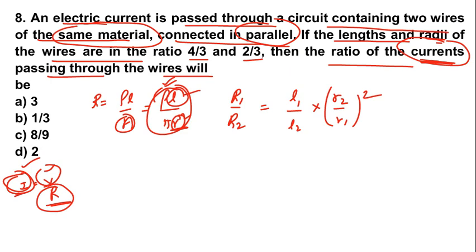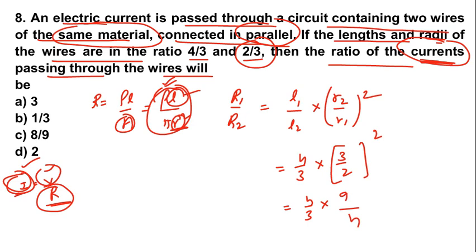The length ratio given is 4:3, so 4 by 3 into, we need to write R2 by R1, so that is 3 by 2 whole square. So 4 by 3 into 9 by 4, the 4s cancel, and 3 3s are 9, so you are getting 3:1, or we can say 3 by 1.